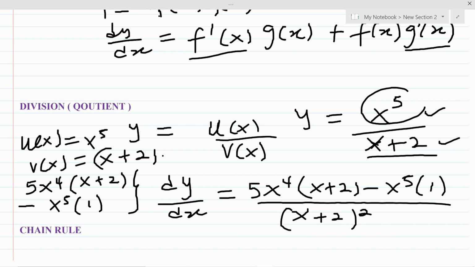If you continue to simplify it, we'll get the numerator to be 5x to the power 4 times that. So after simplifying this, this will be your final answer. Let's try to simplify it.